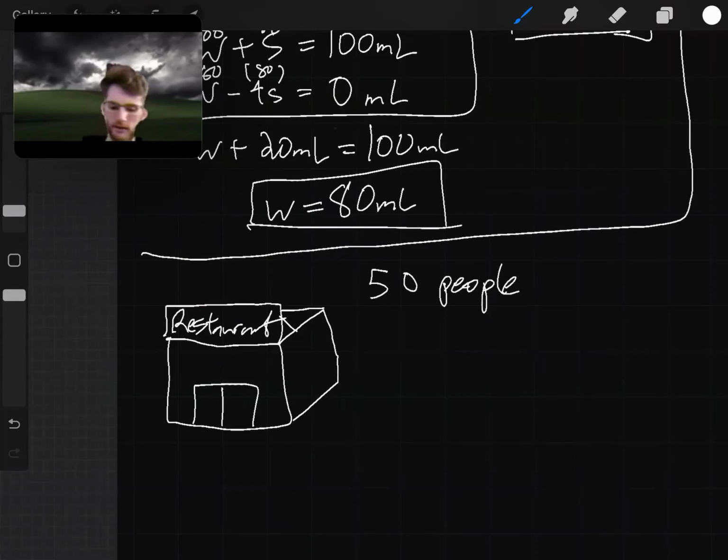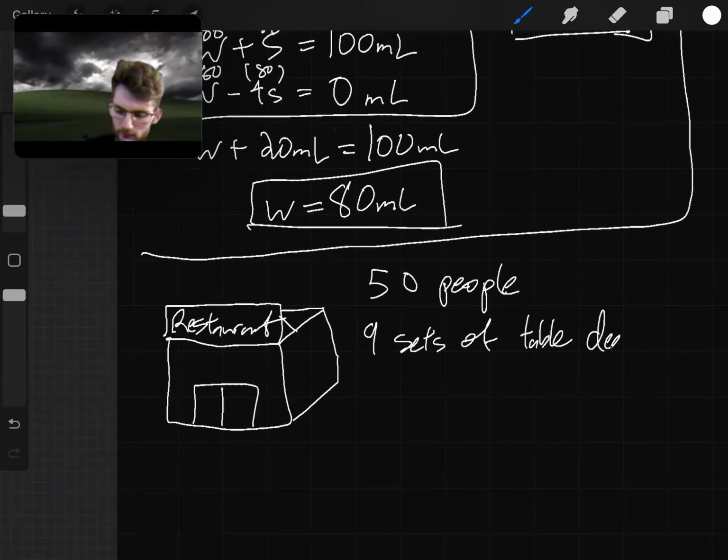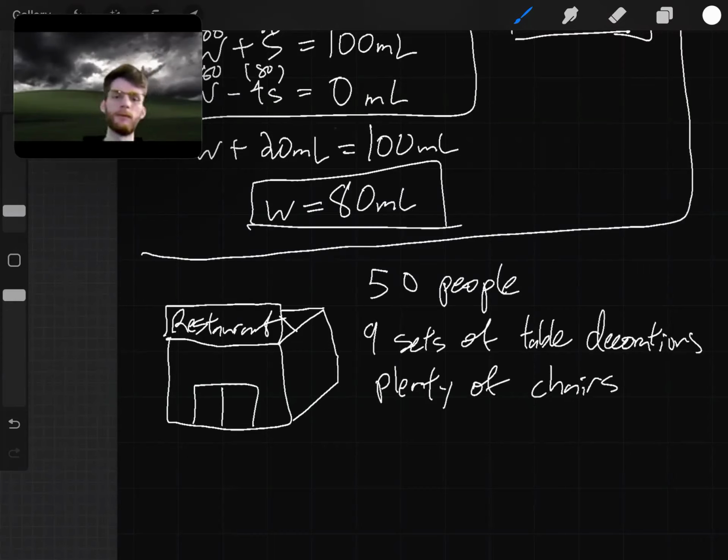I also have 9 sets of table decorations. Let's say I also have plenty of chairs. So I don't have to worry about getting a bunch of chairs to seat 50 people.